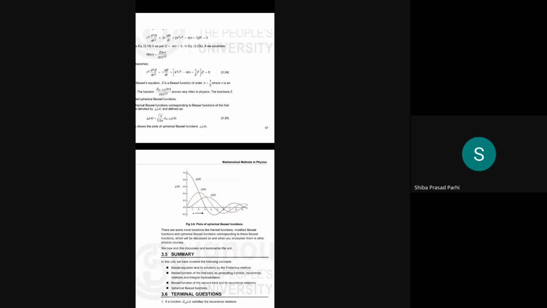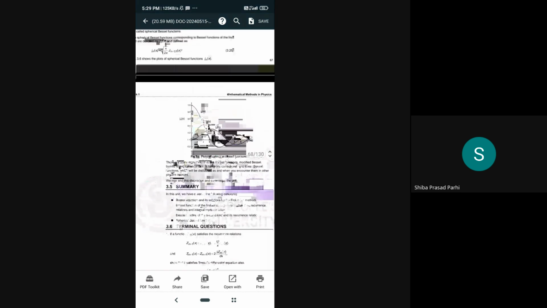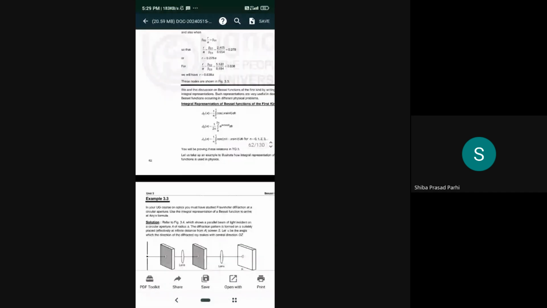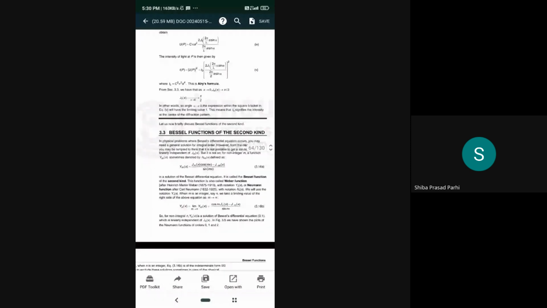So one thing I can do, IGNOU will send you the general method of solution which I have discussed earlier, and you try to solve it, because in this material many steps are omitted. So you just go through the basic outline of the Frobenius method and you can easily solve and arrive at the final expression given in the study material from page 54 to 68.